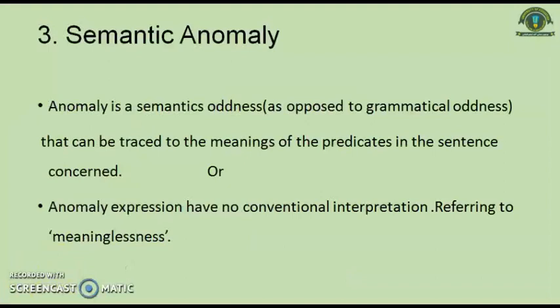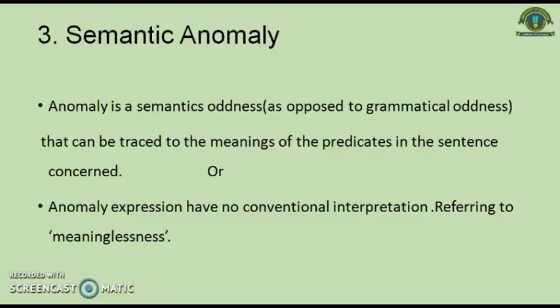Now I will discuss with you semantic anomaly. Anomaly is a semantic oddness that can be traced to the meanings of the predicates in the sentence concerned, or it may be defined as an expression that has no conventional interpretation. Therefore, it is referred to as meaninglessness.